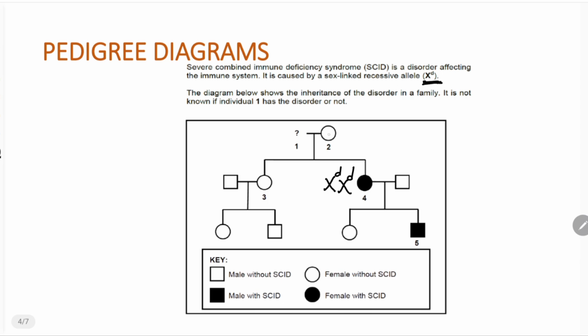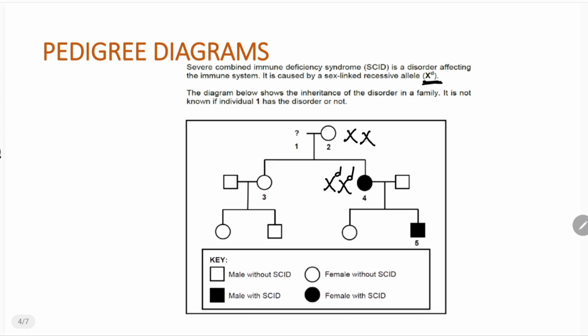But let's go back to individual number 2 now. Individual number 2 is the mother of individual number 4. And since she is female, she must have XX chromosomes. But individual number 2 is without SCID, but she was able to give birth to an offspring, which is number 4, who has SCID. Therefore, individual number 2 has to be heterozygous.